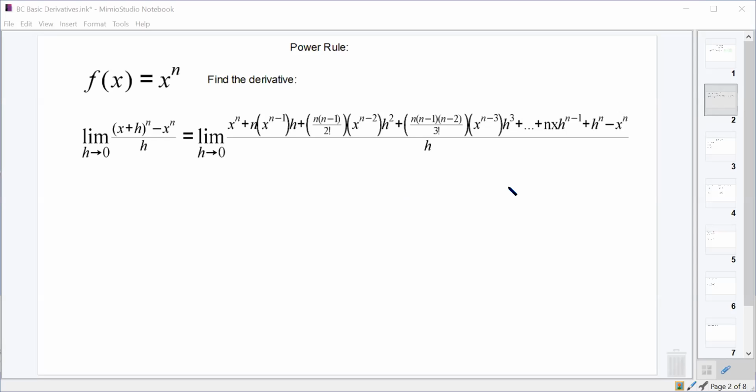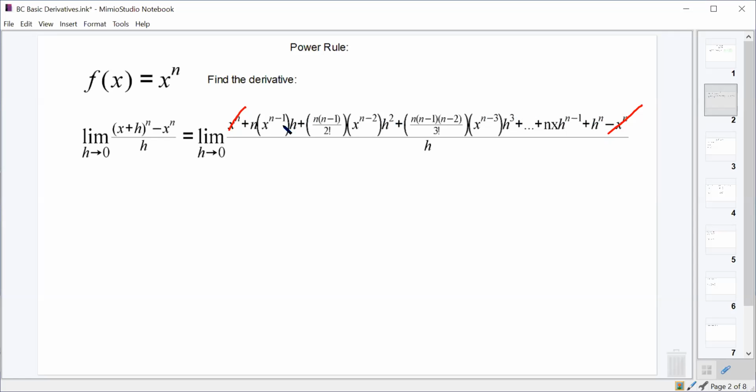If we're looking for the derivative of f of x equals x to the n, then we'll take the limit as h approaches 0 of x plus h to the n minus x to the n over h. I've expanded all that out using the binomial theorem. The important thing is that, just like all the other ones we did, the x to the n and the minus x to the n cancel out, and every other term has an h in it.